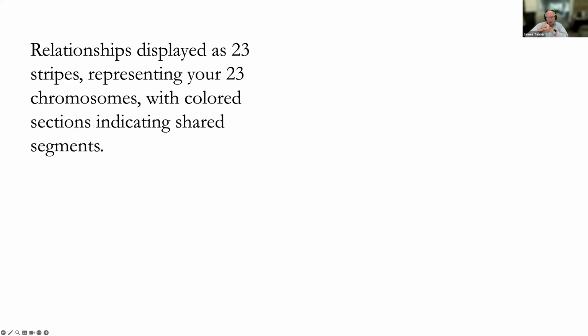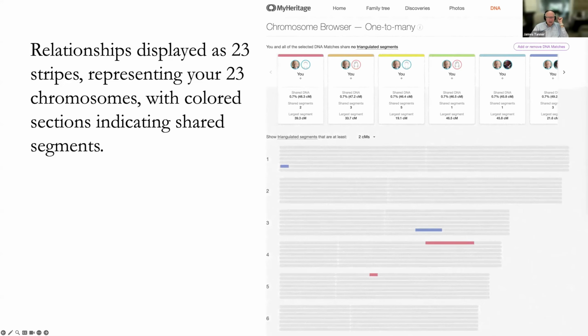Your relationship on a DNA test is represented by 23. You have 23 chromosomes, and when they do diagrams, they put colored sections indicating the shared segments between two people. Here you can use another app called the Chromosome Browser.